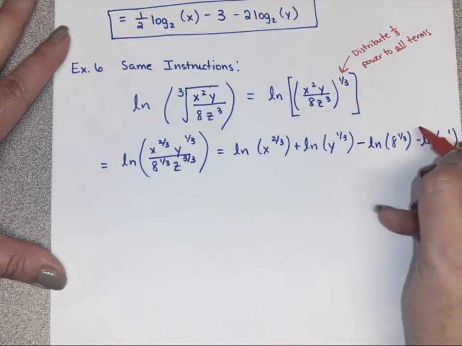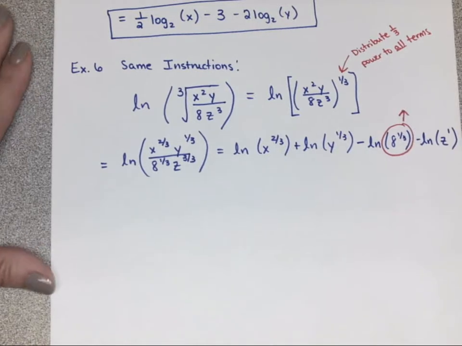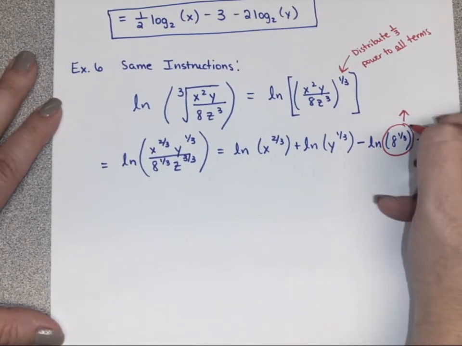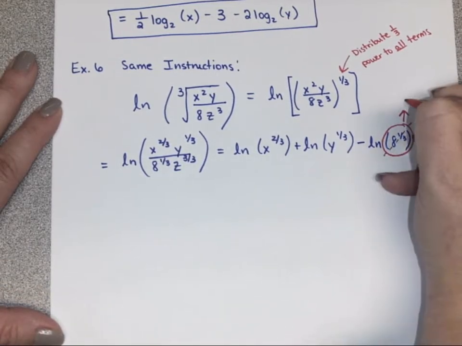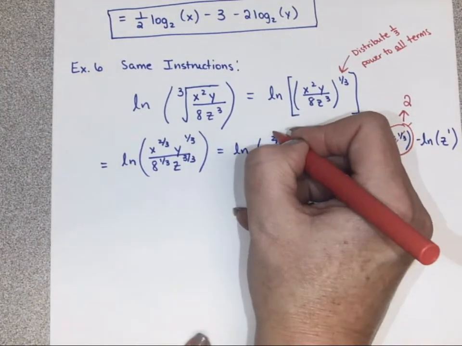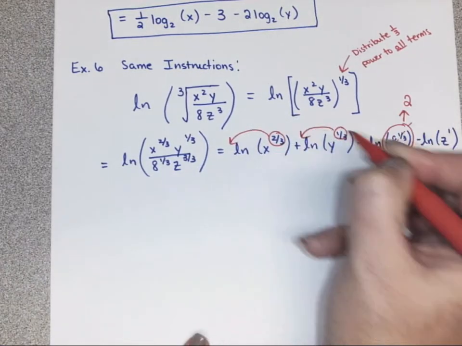One more thing is I can go ahead and work on this, right? Like, what is 8 to the 1/3 power? It just really means the cube root of 8, right? So how could I rewrite the cube root of 8? So I'm going to kind of mark this out with a dashed line there so you can still see it. This is just the same as 2. And then last but not least, as far as expanding goes, each of these exponents needs to move where?